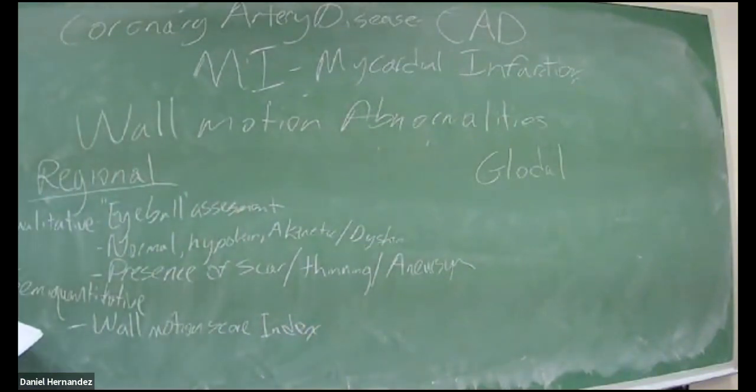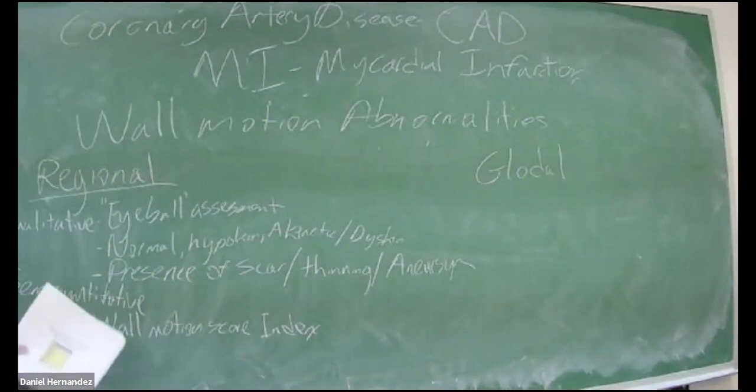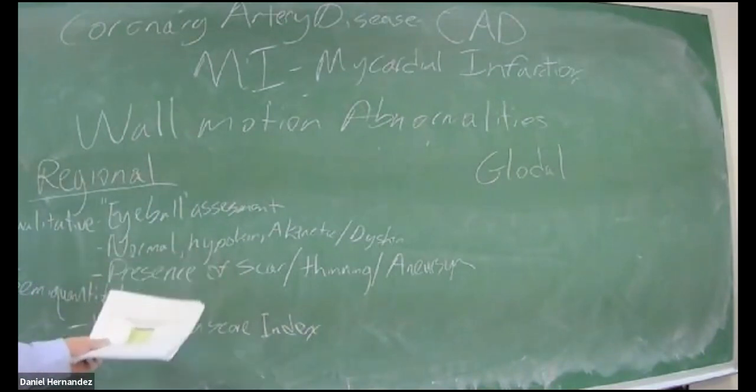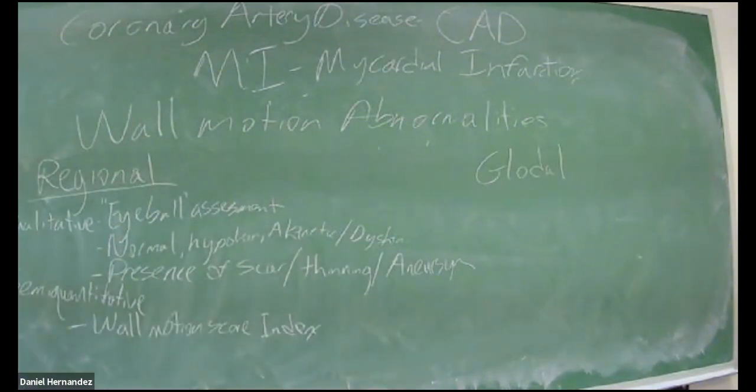So the reason that's semi-quantitative is because we're still relying on our eyeballs to look at the structure of the heart and how it's beating and come up with our own assessment of whether it's hypokinetic versus akinetic. And then by tallying those up, we get a quantitative value.